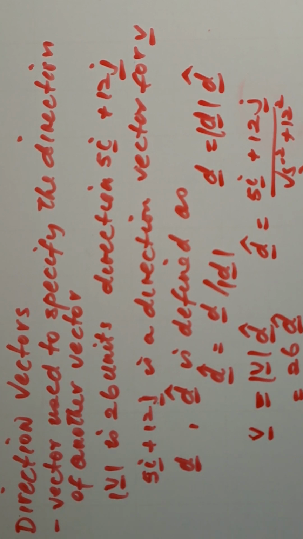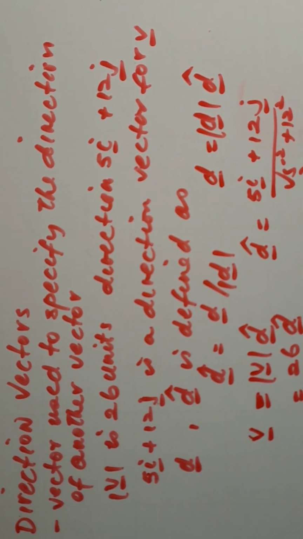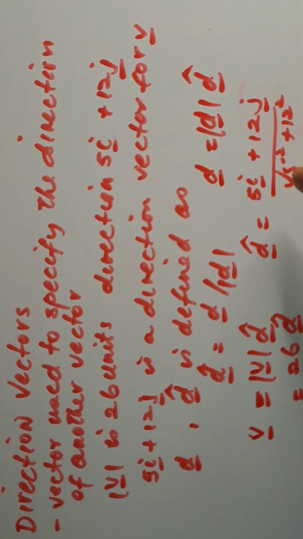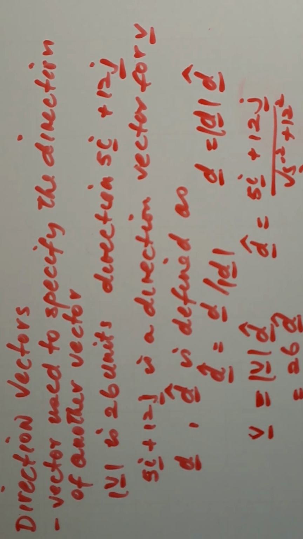So just to recap, we had the vector d in the direction 5i + 12j, and all we've done is calculate this unit vector, because we have the vector d divided by its magnitude, which is the root of 5 squared + 12 squared.